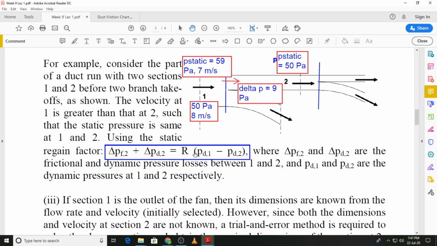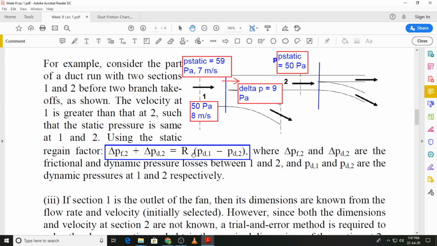For example, if 90% of the dynamic pressure reduction is converted into a static pressure rise, R will have a value of 0.9. That means 10% are the losses, and that static regain factor, when we work with the numerical, we will be given this value for a particular problem. So that is the critical part of this method, that is the static regain method.